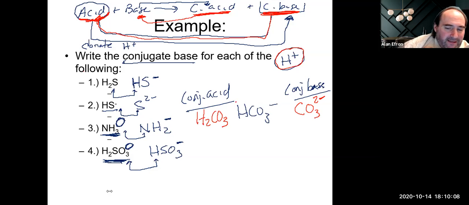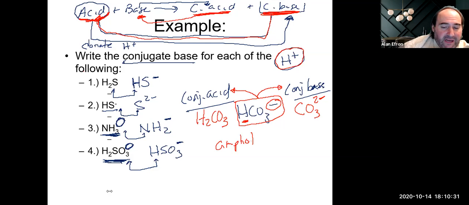Now, this species, as you can see in this example, in certain cases can act as an acid, and in certain cases can act as a base. That often happens when you have hydrogen on something with a charge. Something that could act as either an acid or a base is known as being amphoteric.